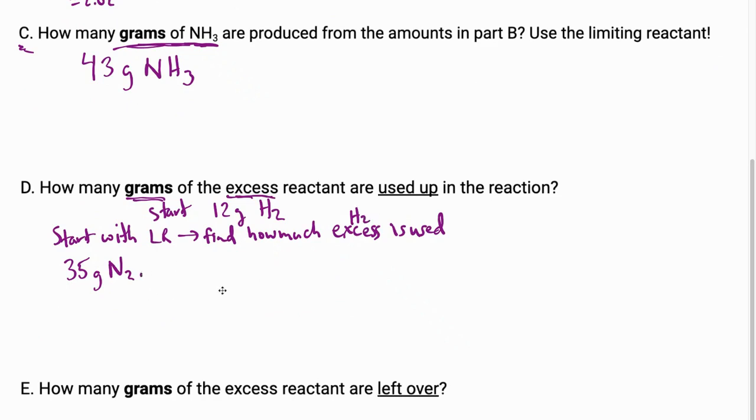We're going to figure out, if I have 35 grams of N2, how much H2 is needed to use that all up? So again, I'm going to have to set up a 3-step conversion going from mass to mass. I need to first start off by changing my N2 to moles by using my molar mass of N2.